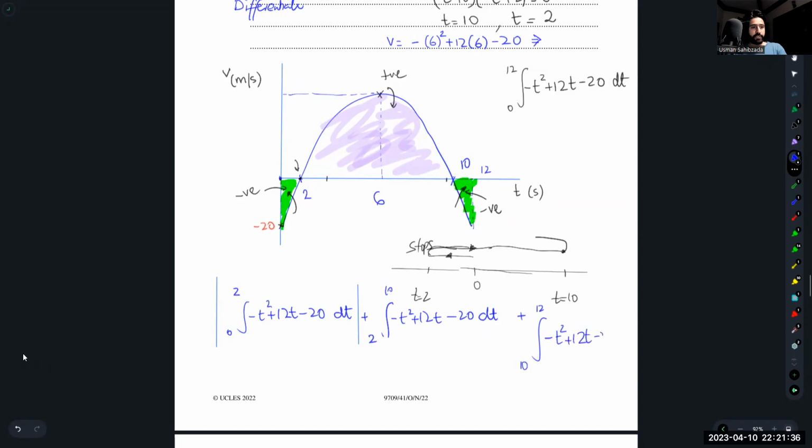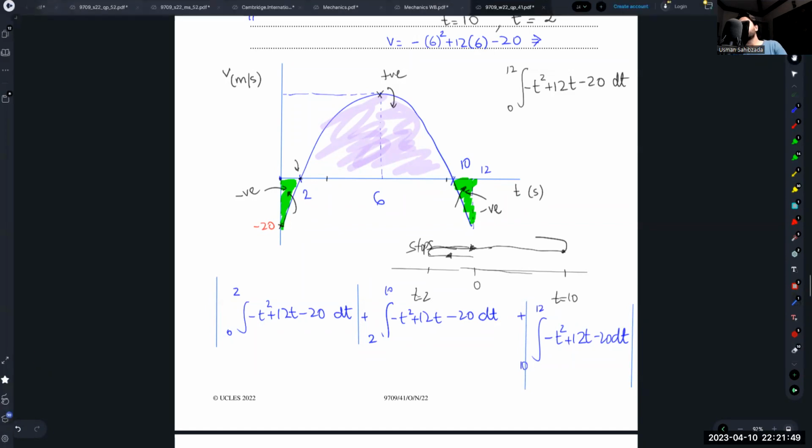And it is below the x-axis, so the answer from integration comes out as negative. So because of this we take the modulus or absolute value, and we turn that to positive as well.